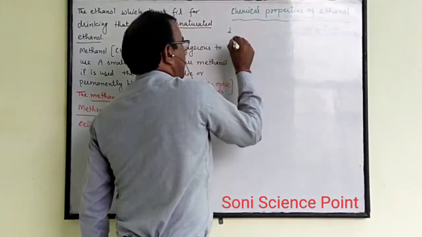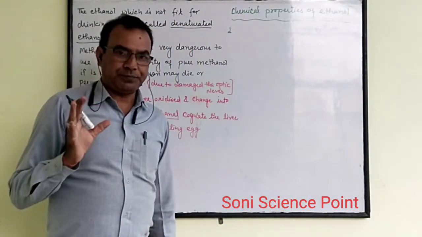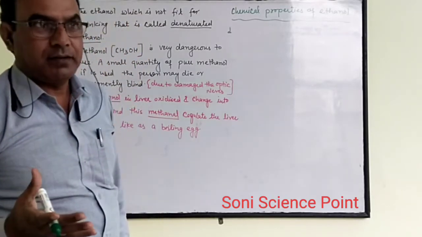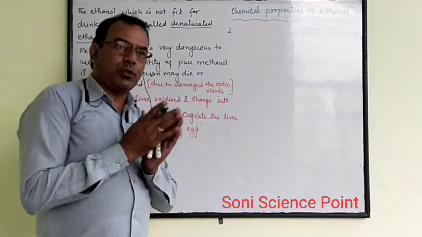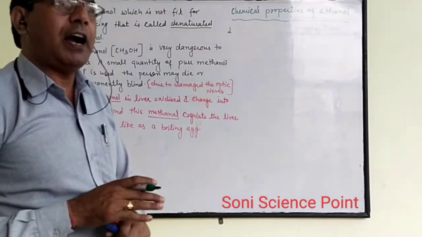The first chemical property: what would happen when ethanol reacts with sodium? Sodium is a metal. Ethanol reacts with sodium and produces sodium ethoxide and hydrogen gas.